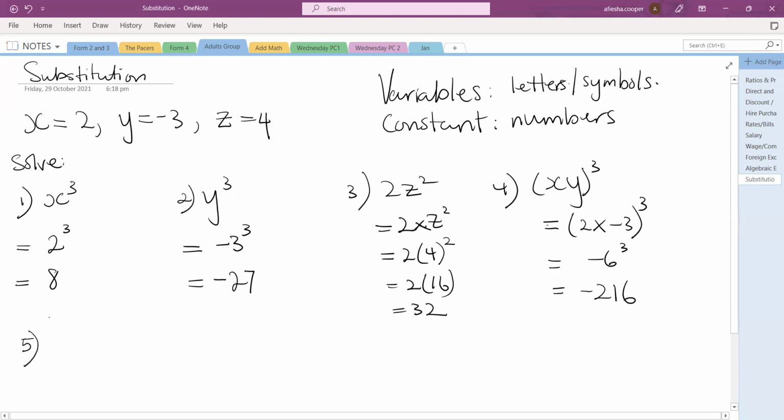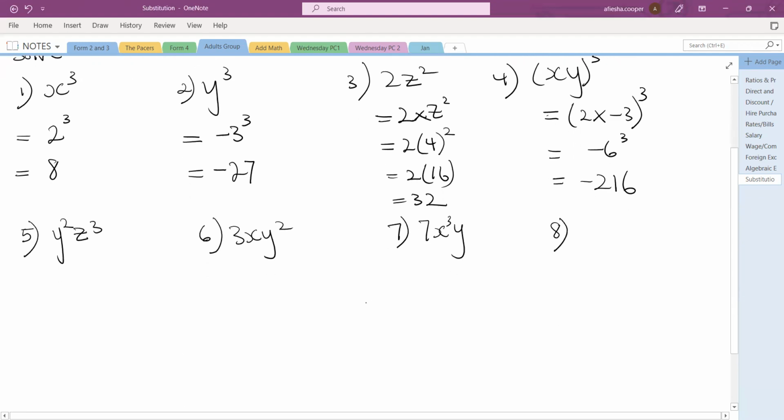So let's do some questions now where you all could attempt it. Number 5 is y squared z cubed, 6 is 3xy squared, 7 will be 7x cubed y, and 8 will be x squared y over z.